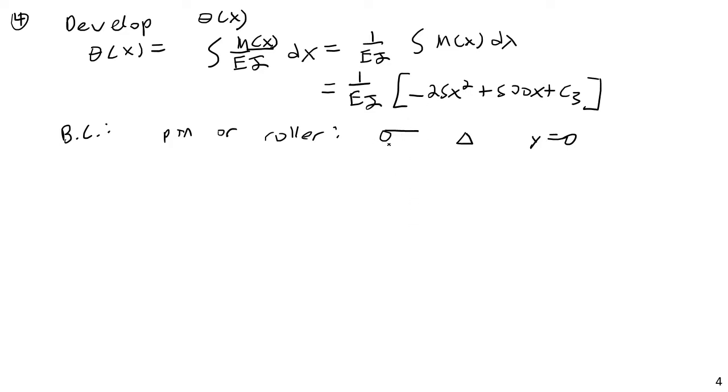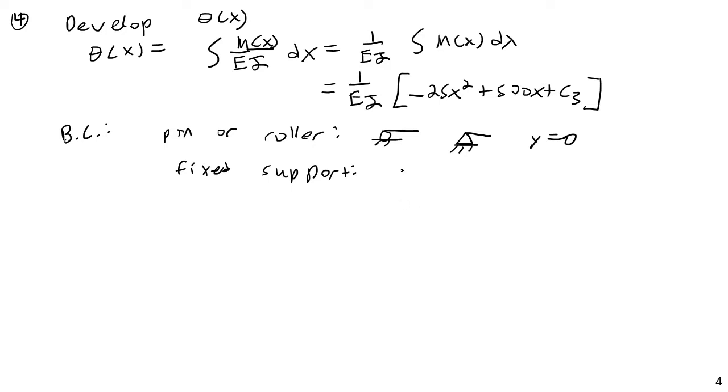So if you have a roller support or a pin support at that location, y as a function of x must equal 0. Then if you have a fixed support though, by definition, at that location, neither curvature nor deflection can be non-zero.